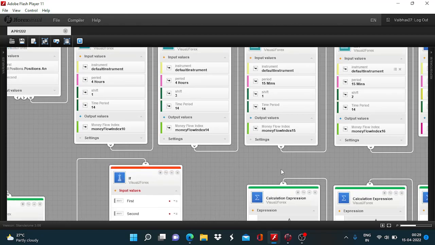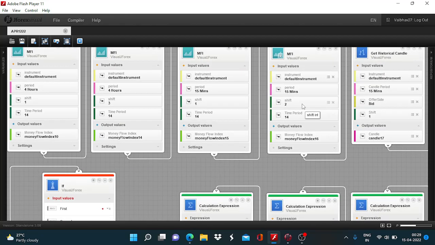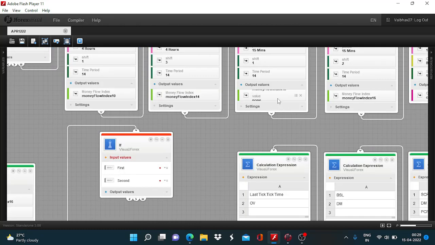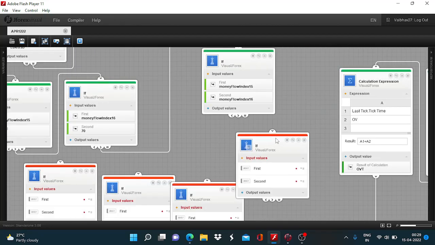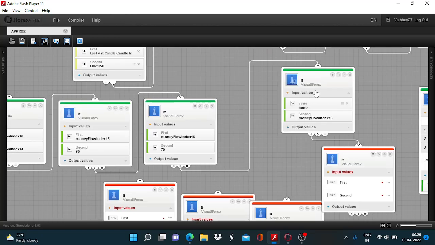So we will need the MFI output of the last 15-minute block to be lower than the second last. So we need money flow index 16, sorry, 15 to be less than money flow index 17, not 17, 16. So this will be first input less than second input.